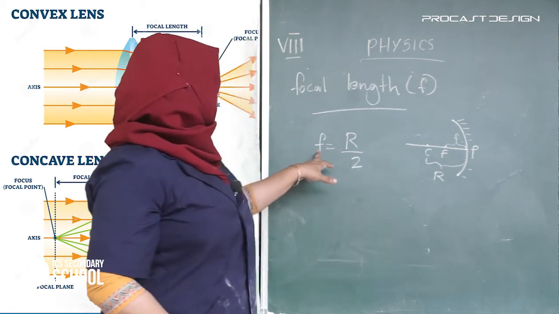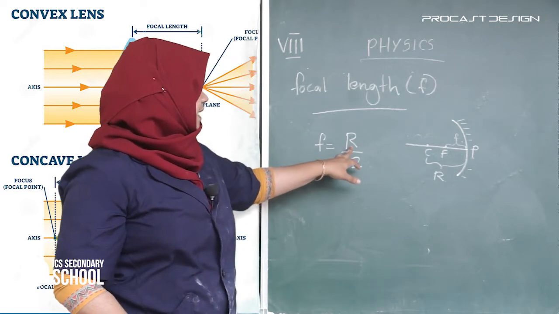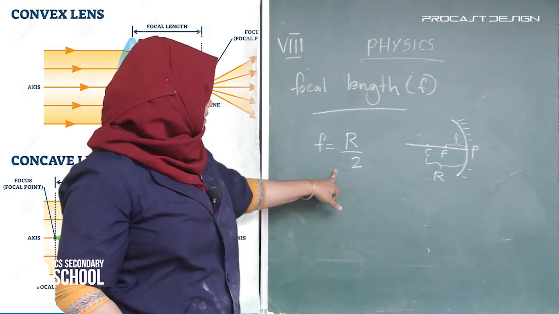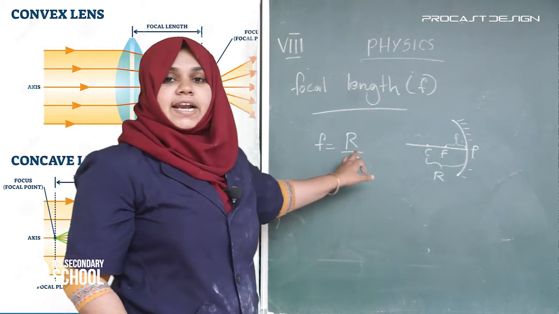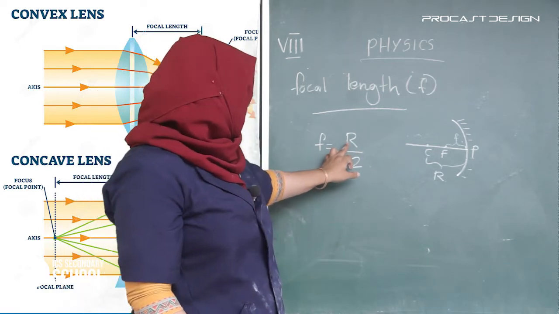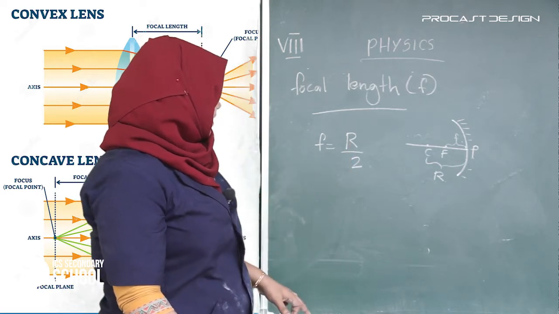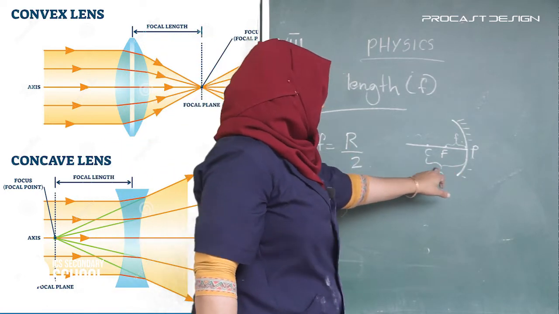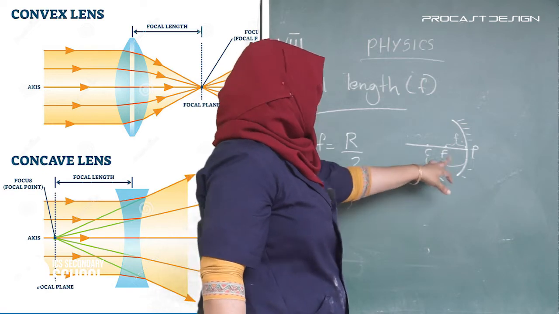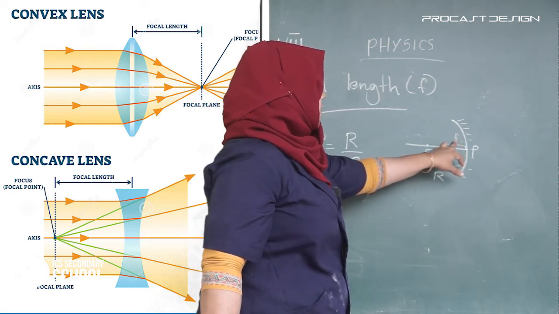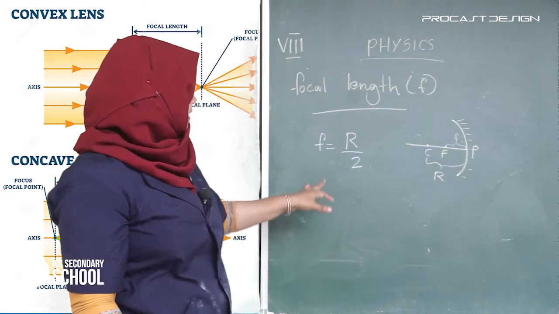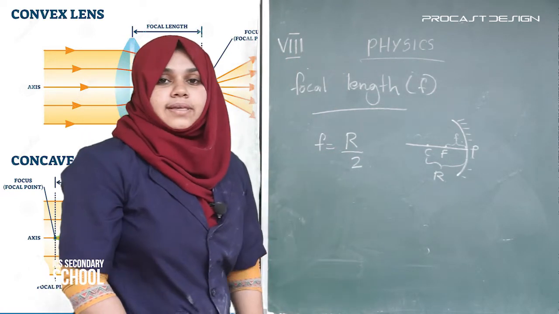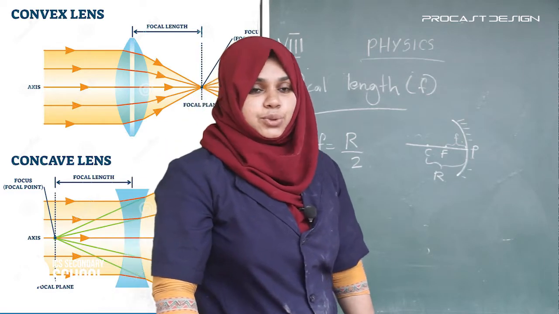So we can write small letter f is equal to capital letter R divided by 2, because focal length is half of the radius of curvature. You can understand from this picture, f is half of this radius of curvature.